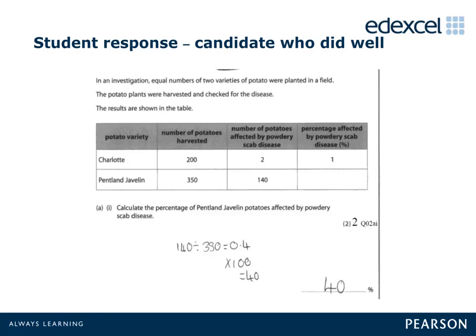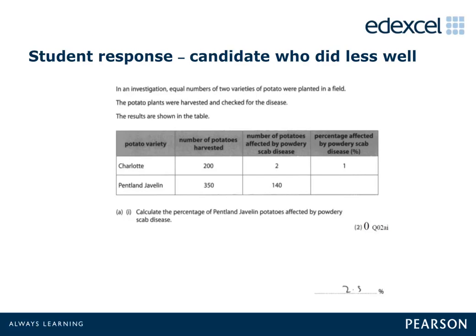This question is from the foundation tier paper and is a mathematical question finding a percentage. This candidate did well in this question, as they showed their working and calculated the correct answer. This candidate did not show their working and did not calculate the correct answer.